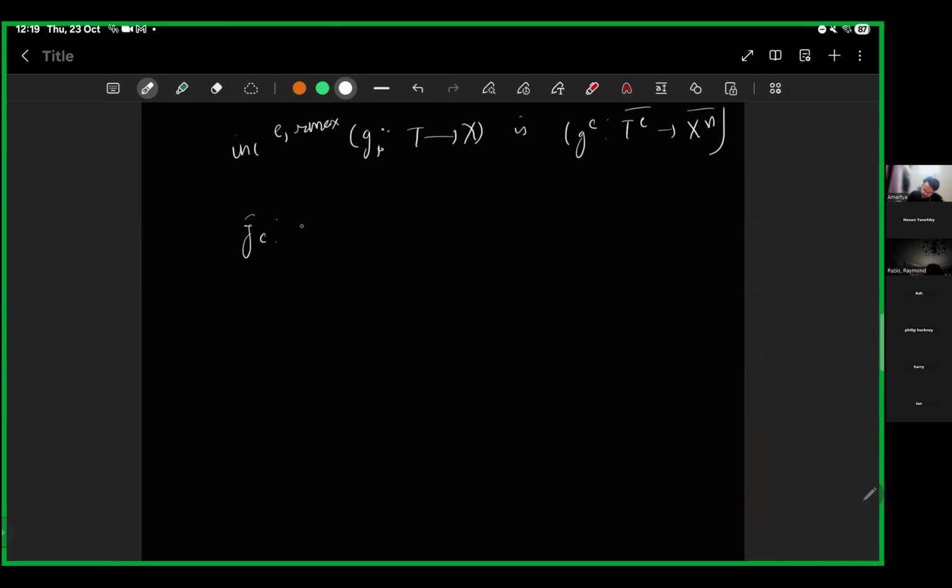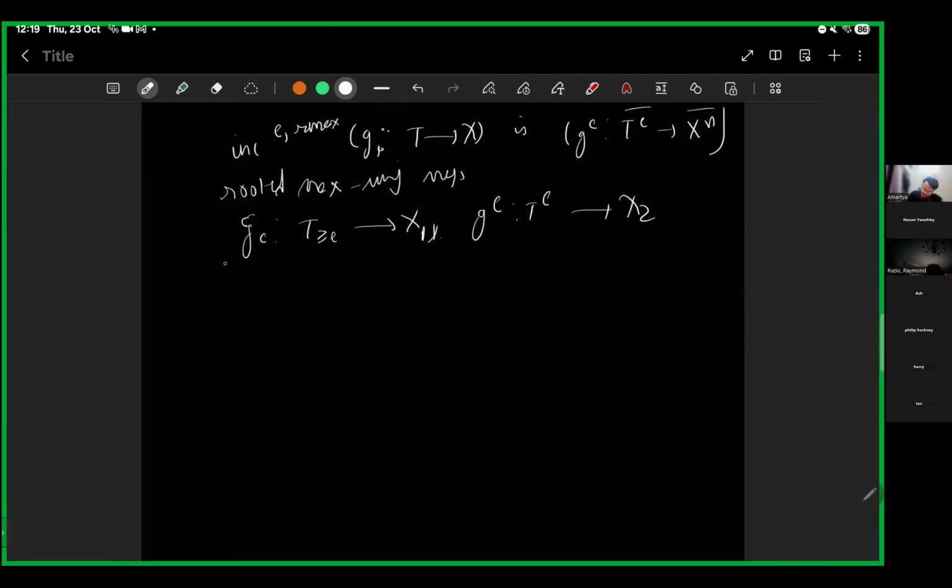So you start with something like this: two rooted max surjective maps, G_e to x1 and G^e to x2.